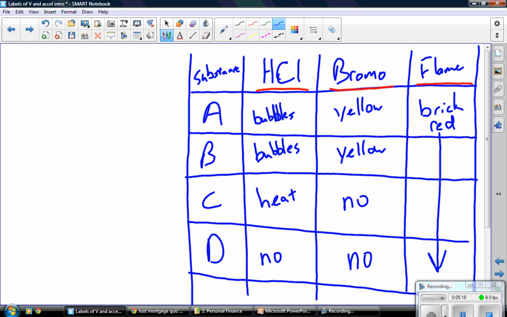Okay? So looking at these results, doing these three little simple tests that we did, what could we say about substance A and substance B? The same? Similar? I would be reluctant to say that they are for sure 100% the same. These are three tests.